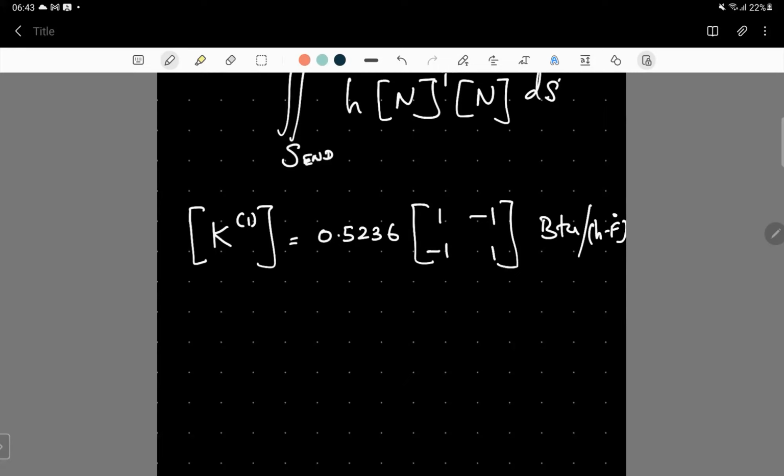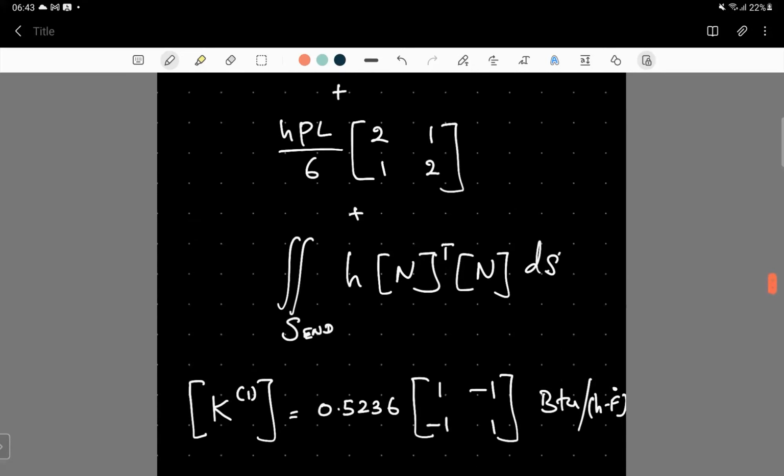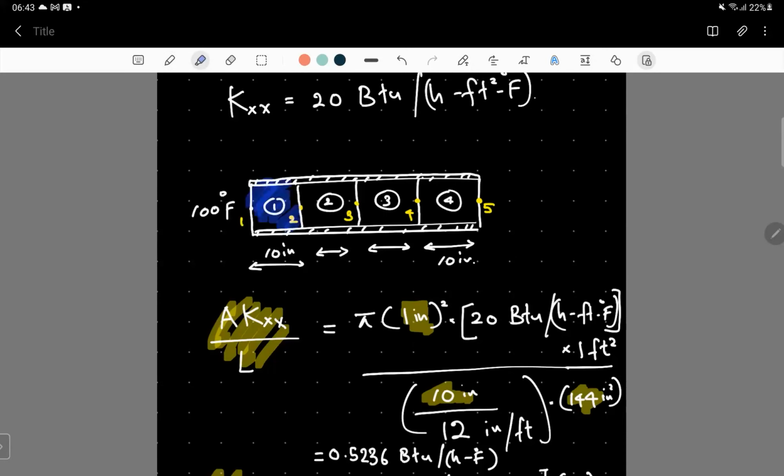Here, of course, it's clear that for element number 1, the second and third terms, which correspond to convection from the surface and convection to a free stream, are not necessary, and they are 0 because there are no convection terms associated with element number 1.